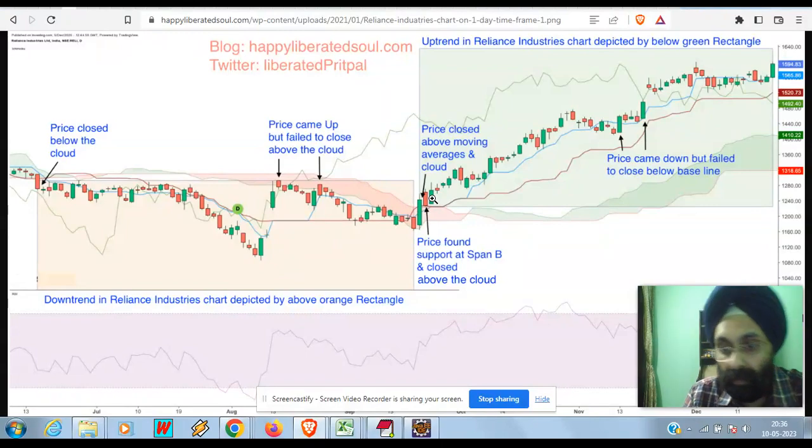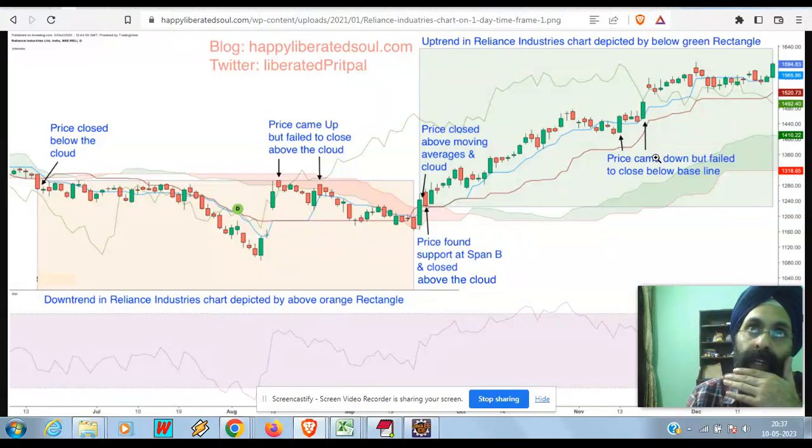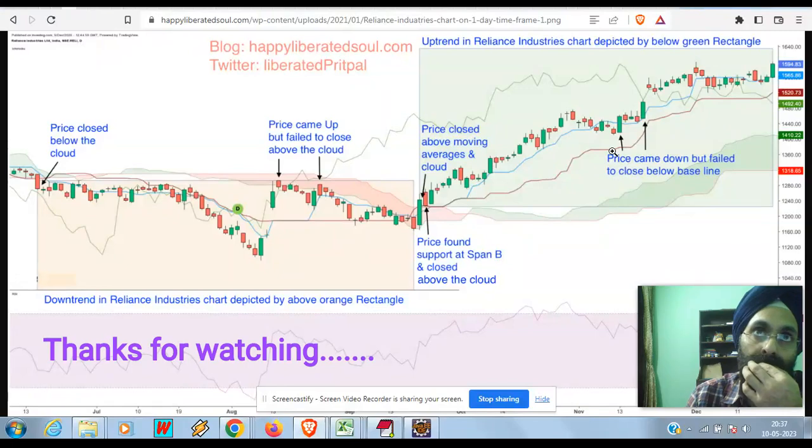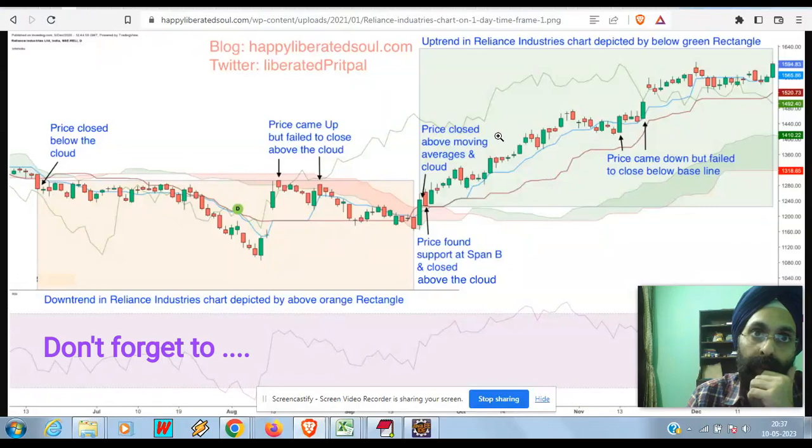Sometimes traders even make like 40% high targets by just trailing the stop loss. Sometimes the stocks remain in trend for more than a year as well. If you have seen, during 2020, after the downtrend of COVID, there was a long uptrend and it remained intact for like 1.5 years.